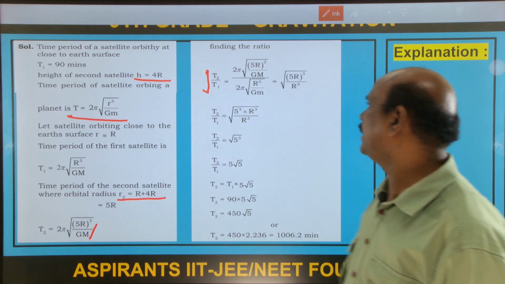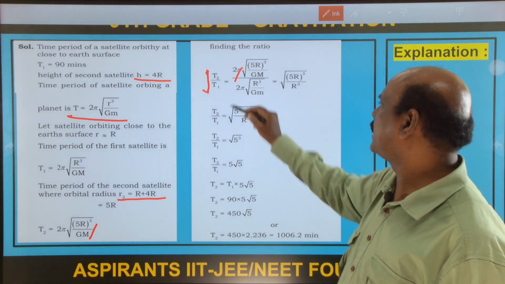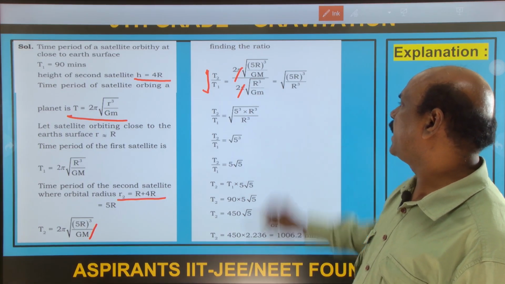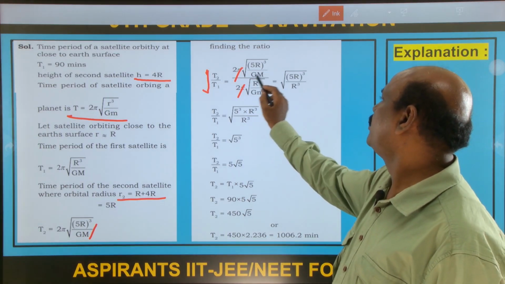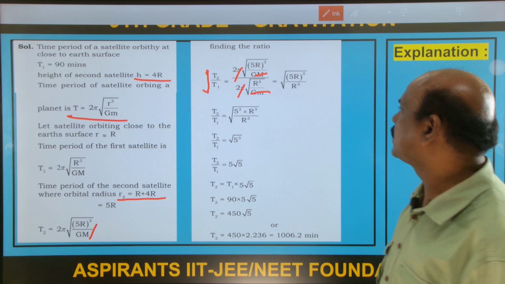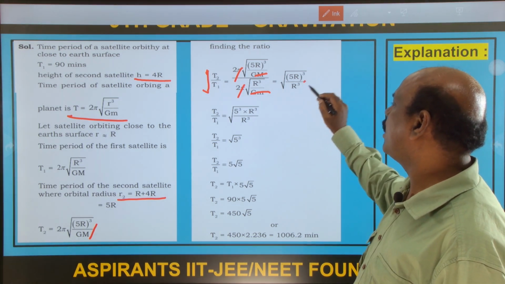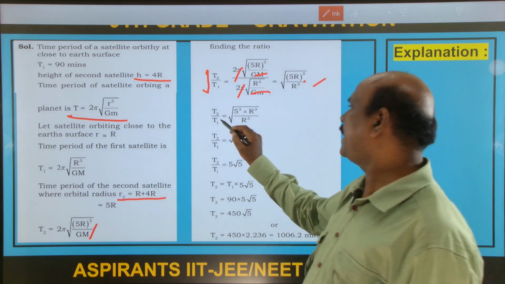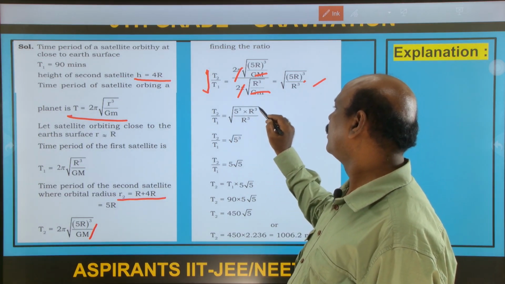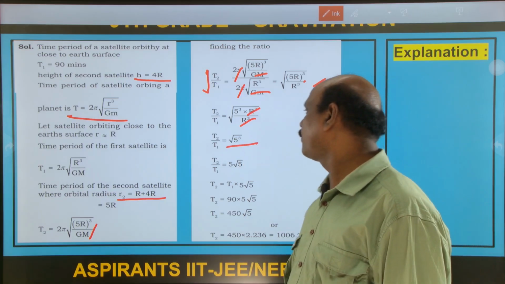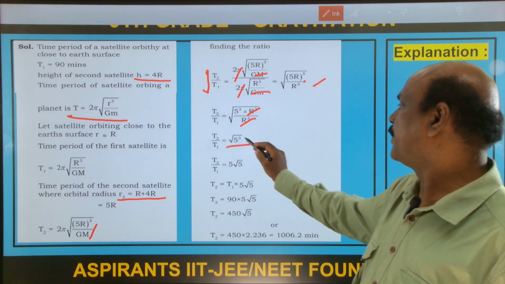taking T2 by T1, so 2 pi gets cancelled, and GM also gets cancelled because of the same values, so root of 5R whole cube by R cube. When you separate, R cube will get cancelled, then the value is root 5 cube.